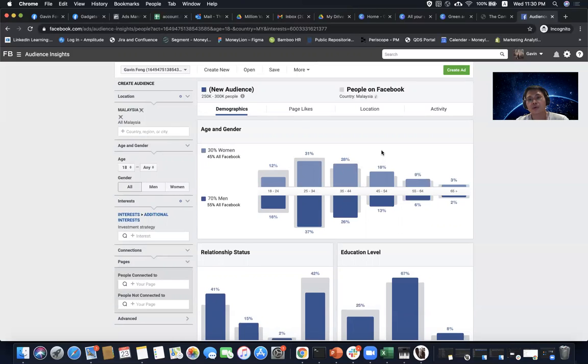The main thing to take away is that whenever we start a campaign running ads on Facebook, please remember to do some homework about the audience you would like to target, because this is very important so that you know your audience based on data, not based on intuition. And this would indirectly affect a lot of things, and the main one is your cost per result when running your advertisements.